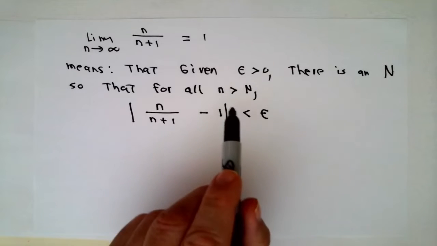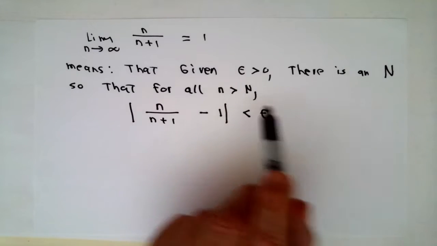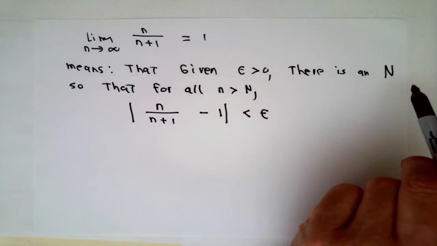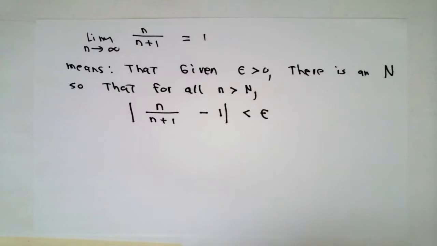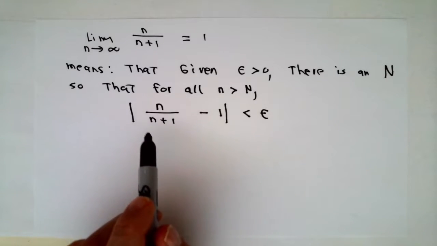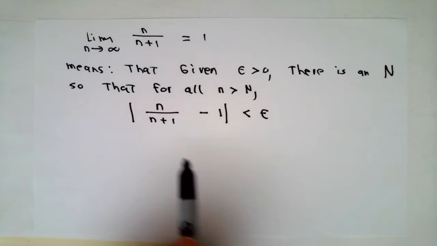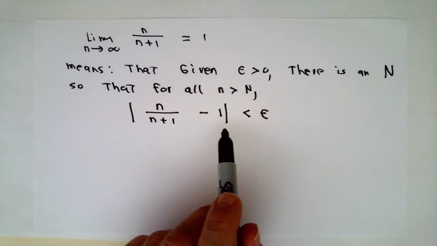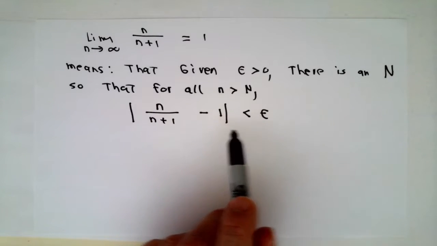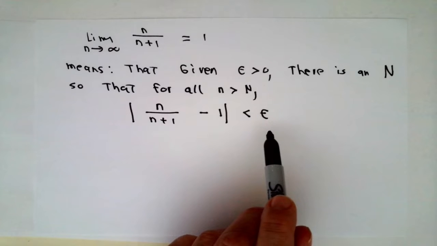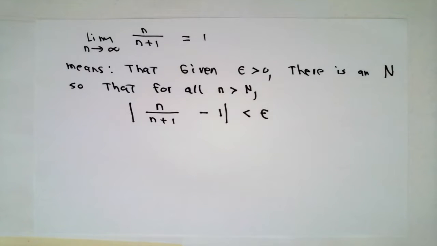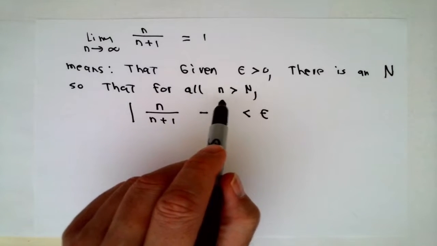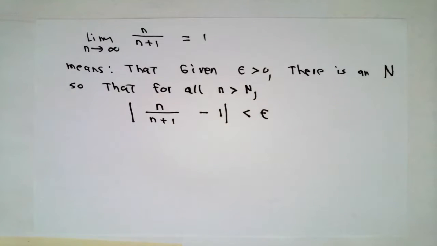If you give me an index that's bigger than this particular index, capital N, then the difference between the numbers of my sequence and the thing that I'm alleging is the limit can be made smaller than this number epsilon, just by virtue of the index little n being large enough.